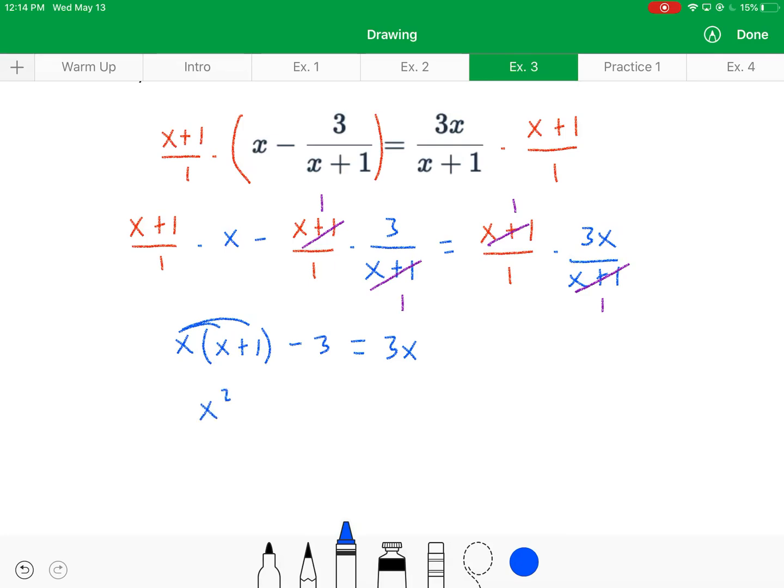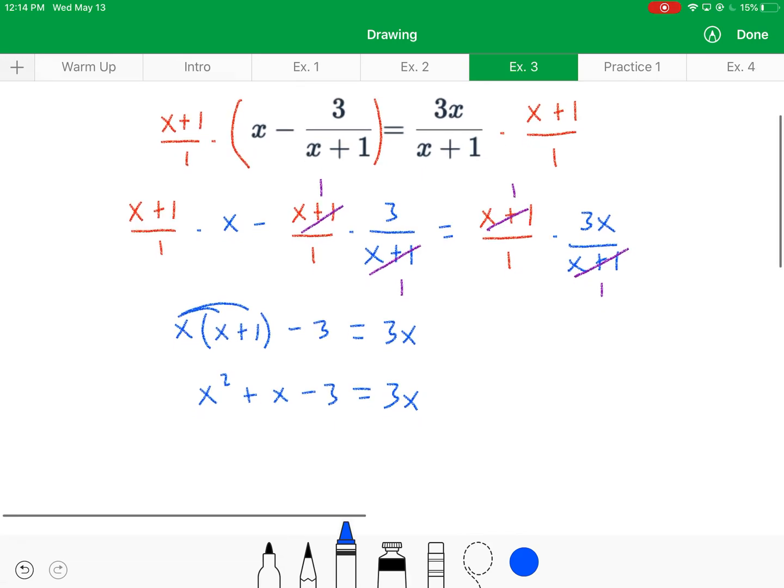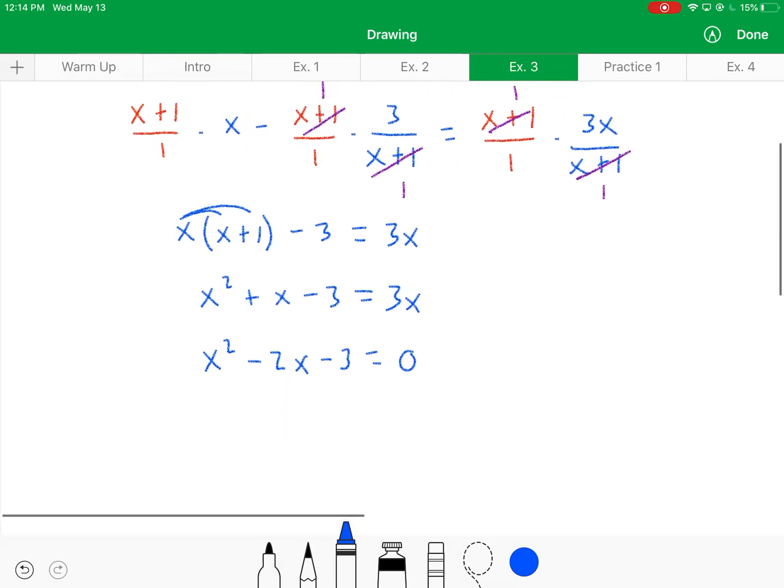I end up with x squared plus x minus 3 equals 3x. And notice we are being led to a quadratic equation here. Remember, typically we like these set equal to 0, so I'm just going to subtract the 3x over. That should give me x squared minus 2x minus 3 equals 0.